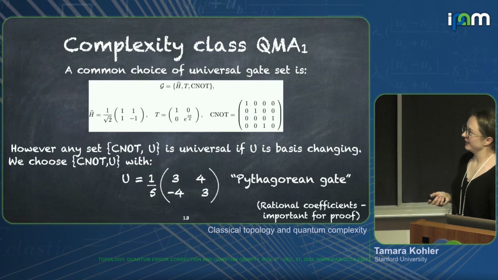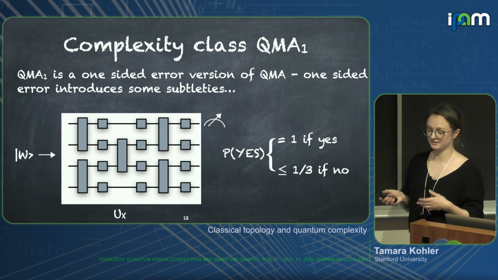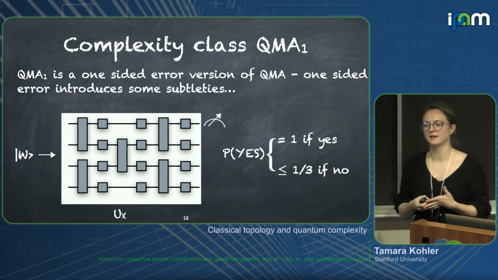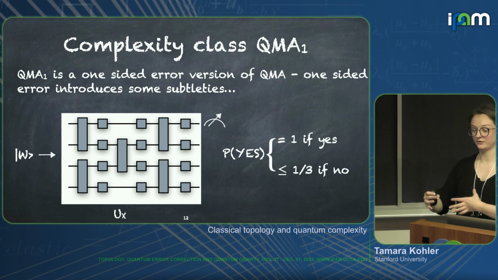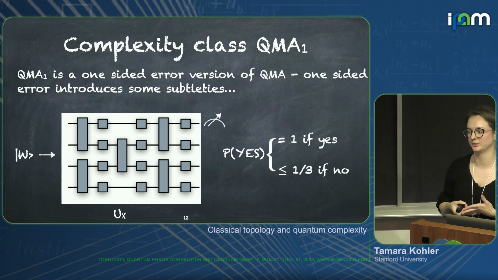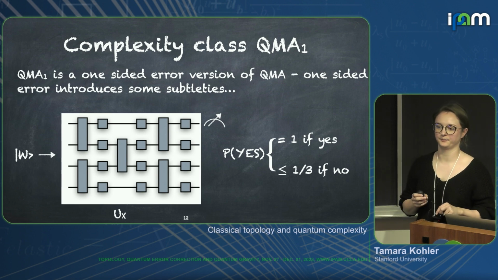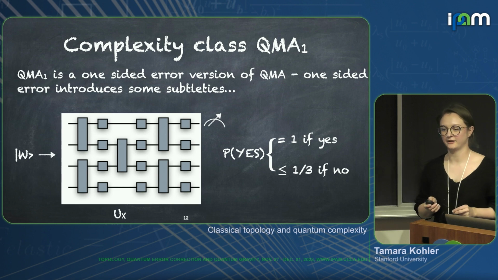And the reason for that is because requiring certainty for either case means that we have to be very careful about what universal gate set we're going to use for our quantum computer. As I'm sure you all know, there are many different universal gate sets you can pick to run on a quantum computer. And it's known that all these gate sets are equivalent to each other up to small errors.